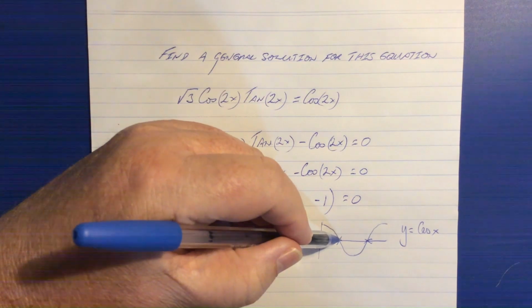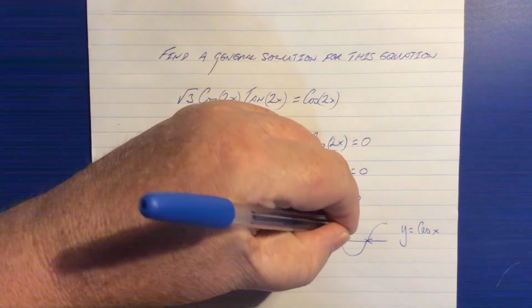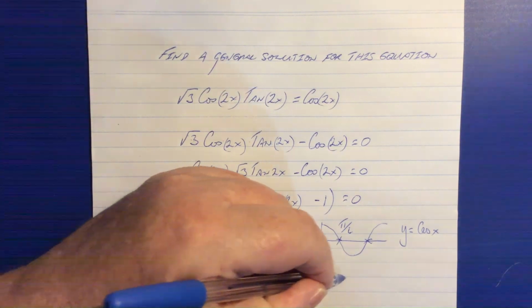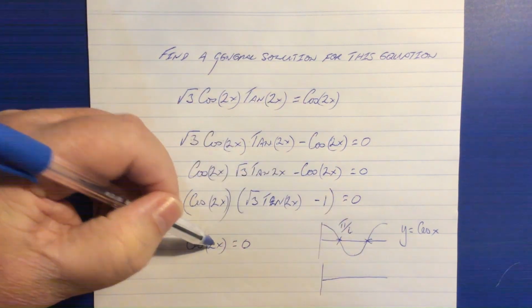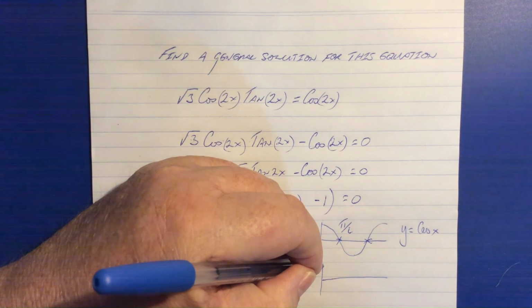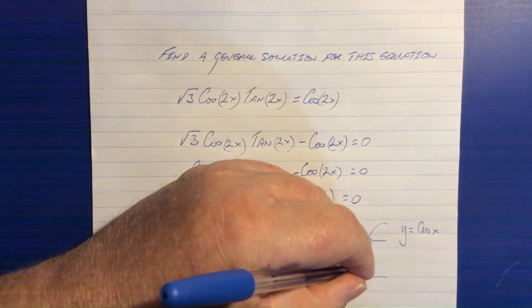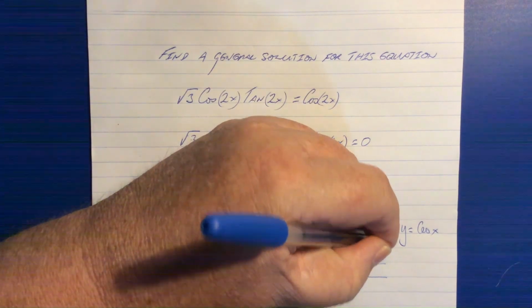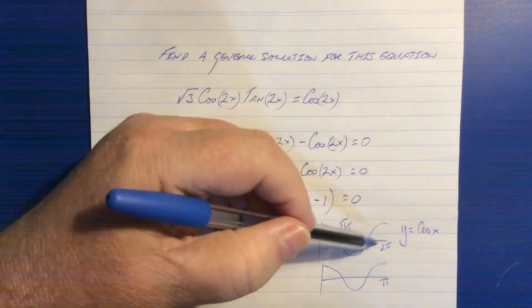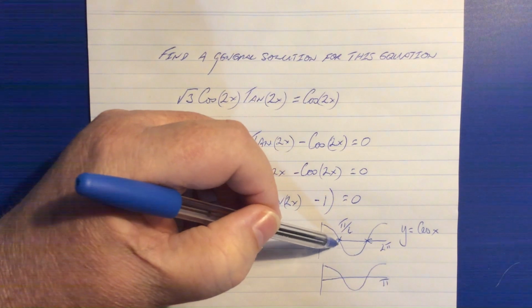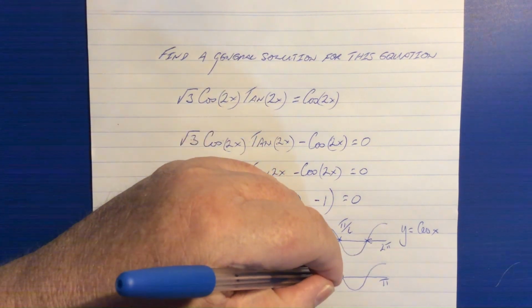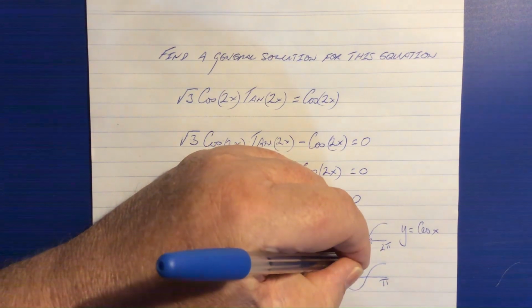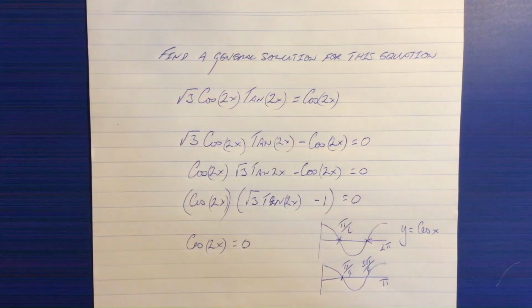Now, this point is pi on 2. If we take into account the fact that this is 2x, what our graph looks like, instead of having 2 pi here, we have pi, which means that every measurement along here has been halved, and so this becomes pi on 4, and this is 3 pi on 4.